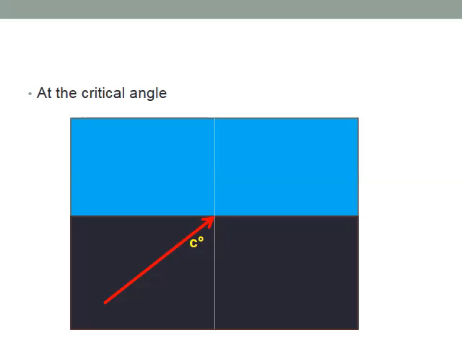At the critical angle, and this is the angle we're looking at between the normal and what we'll call the incident ray, it runs along what we'll call the boundary.